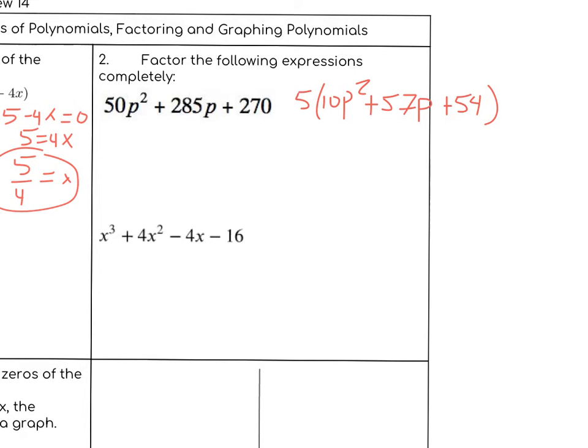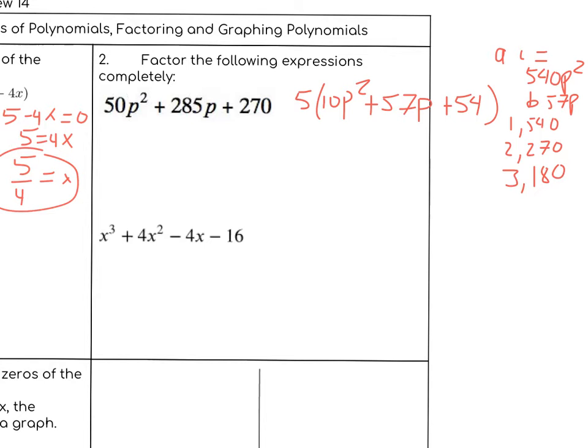So we have a starting point of a times c is going to be 540p squared. And we're looking to add up to 57p. Okay, I'm going to start with 1. So we got 1 and 540. That's a no. 2 and 270. That's also a no. 3 and 180.